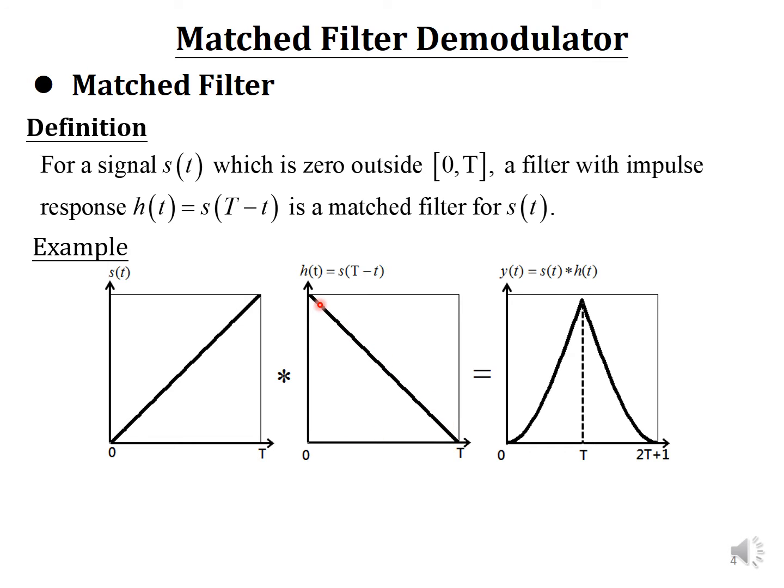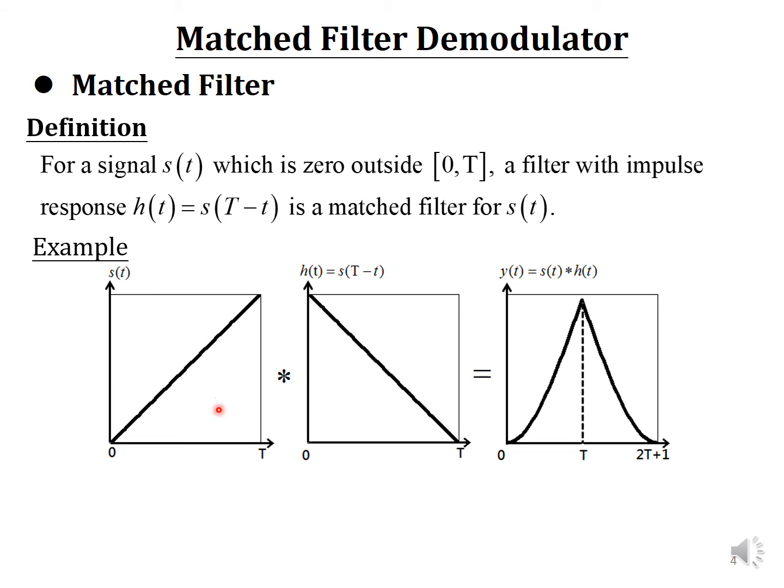This h(t) is called a matched filter for s(t). It's a matched filter because it's matching s(t) and is actually a mirror of s(t).